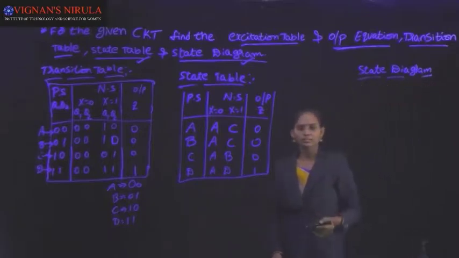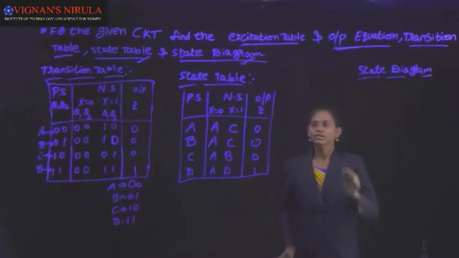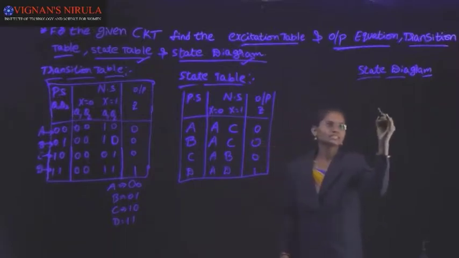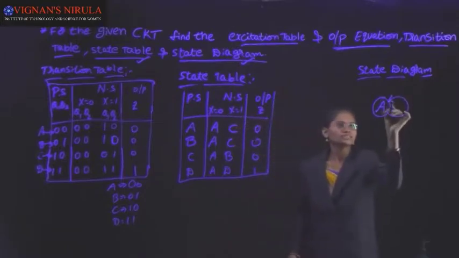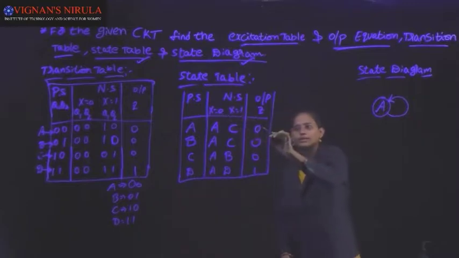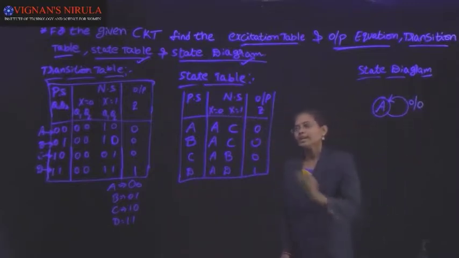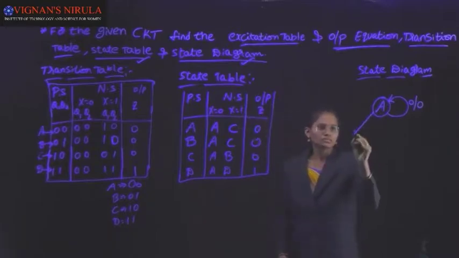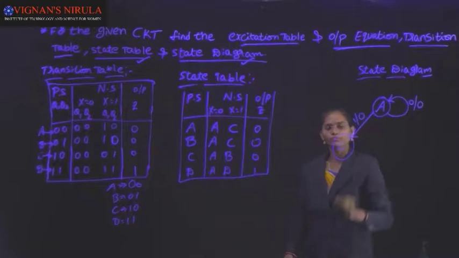Next see the state diagram. The states are A, B, C, D, four states. If the present state is A and x equal to 0, the next state goes to A itself, a self loop. Here input is 0, output is 0, so that is 0 by 0. If x equal to 1, the next state goes to C, with input 1 and output 0, that is 1 by 0, input by output.